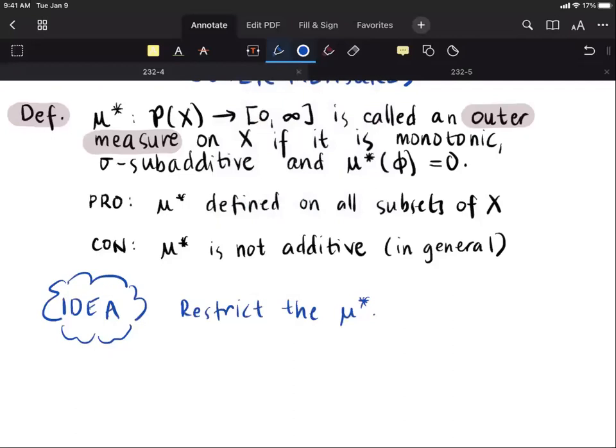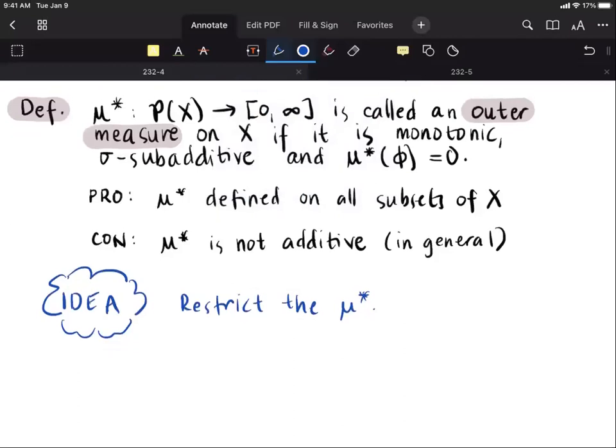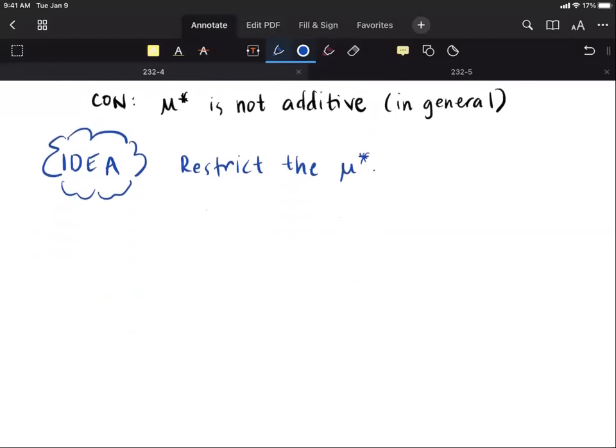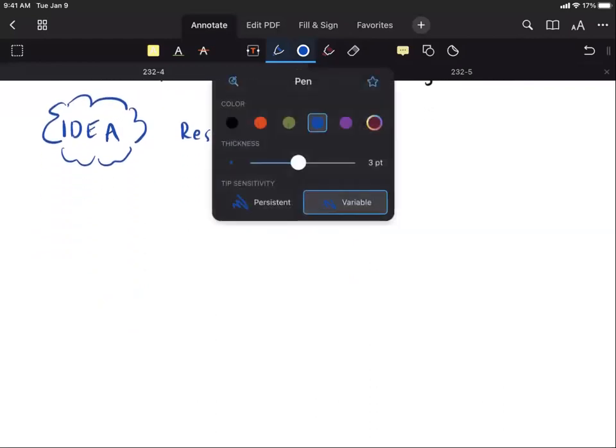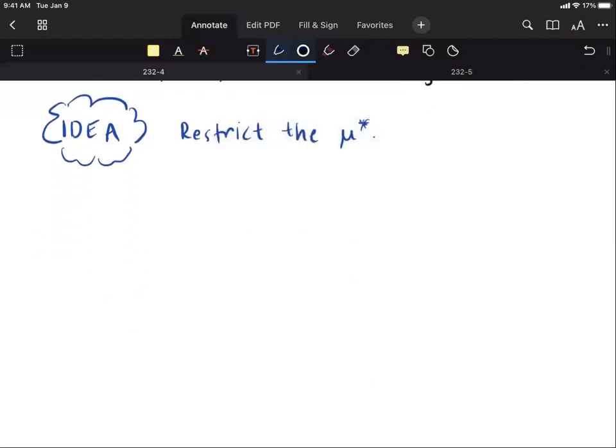So we consider subsets of X wherein additivity, and later sigma additivity, will be satisfied. For that restriction, we consider what we call measurable sets. So let us define what we mean by measurable sets.